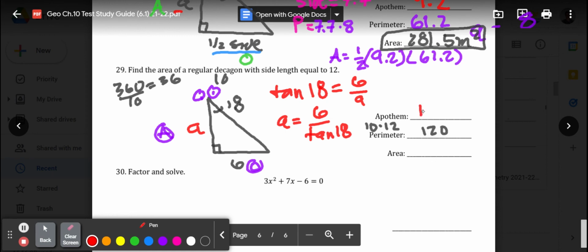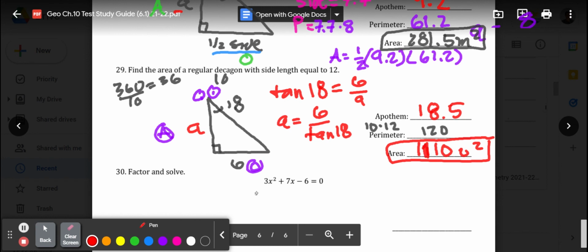Get 18.5, and then it's just 1/2 apothem times perimeter. So I'm just going to do 18.5 times 120 divided by 2, and we get about 1110, and that is square units. That's a 1, by the way.